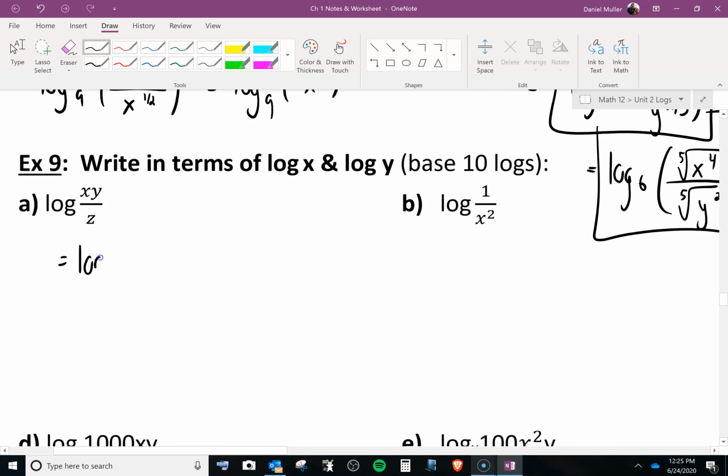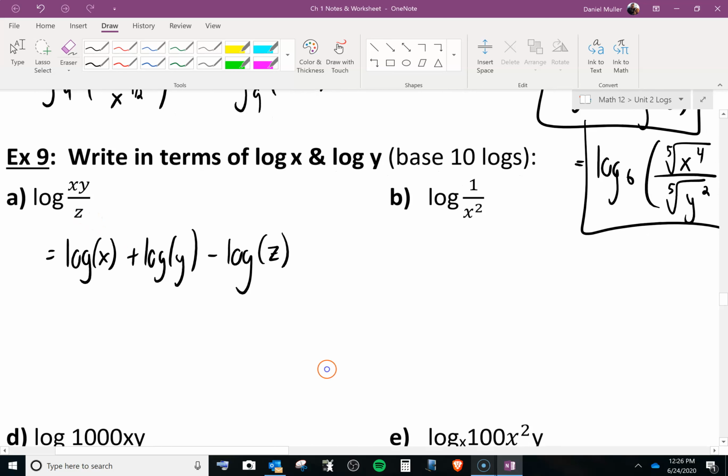We want to split this up. Now I know when things are being multiplied, the log law was that they must have been added before. And anything that's being divided means it must have been subtracted. So this is really a log x plus a log y, because that would have allowed me to multiply them together, and it must have been a subtraction of a log z, because that's what would force that into a division when we combine them.